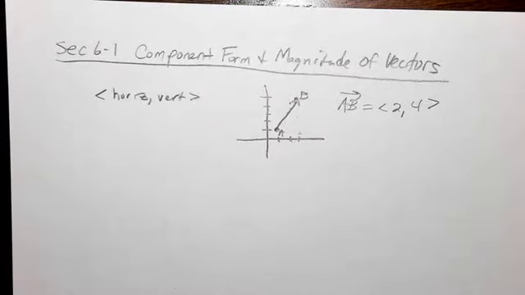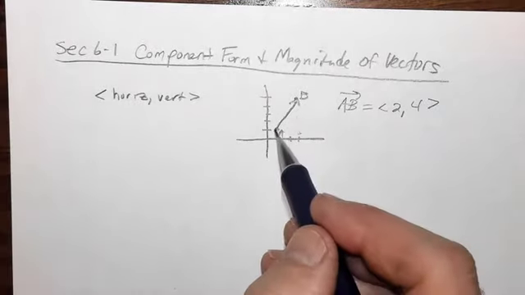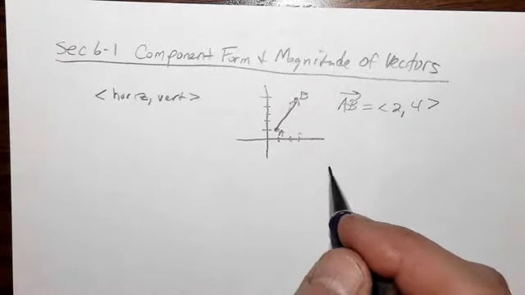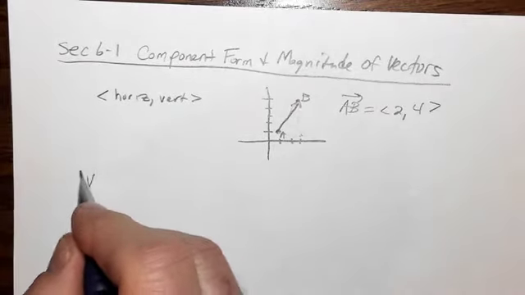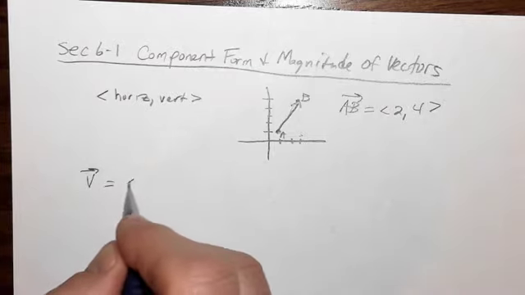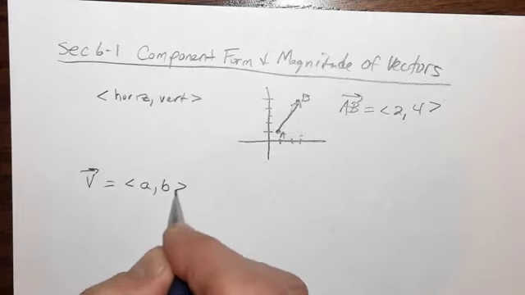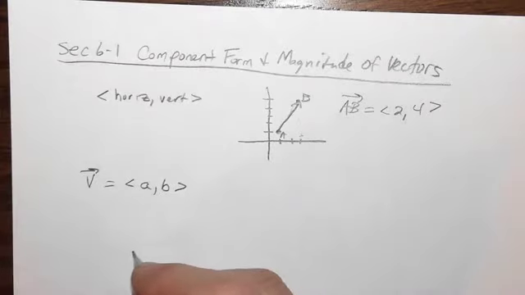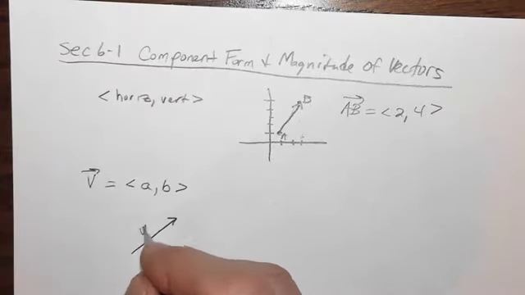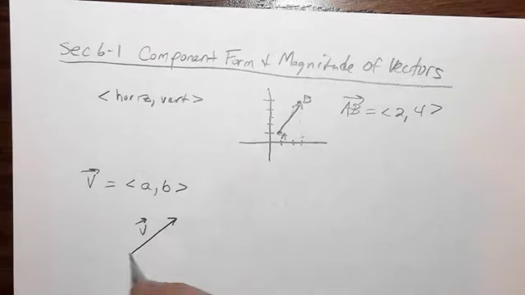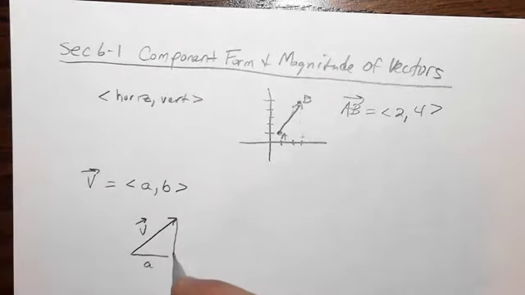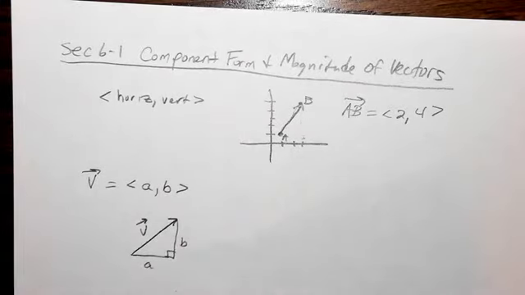Okay? What we're interested in is finding the magnitude, the length of this vector. And so just in general, if I have a vector v, then in component form it is AB. Here's vector v. This length is A, and this length is B. And what we have is a right triangle.